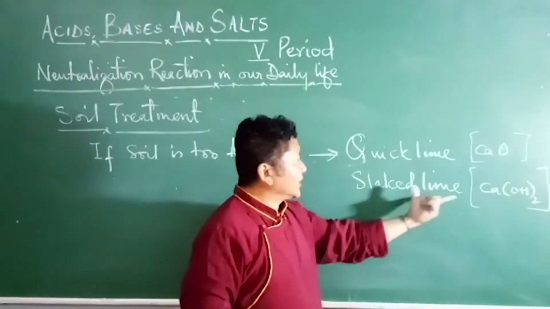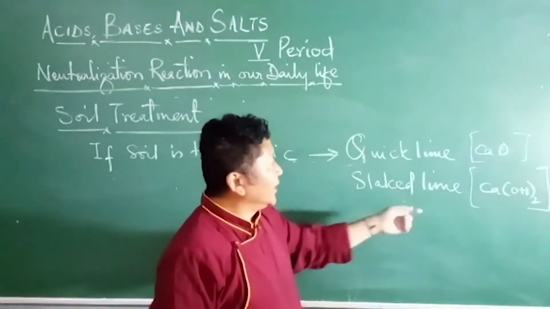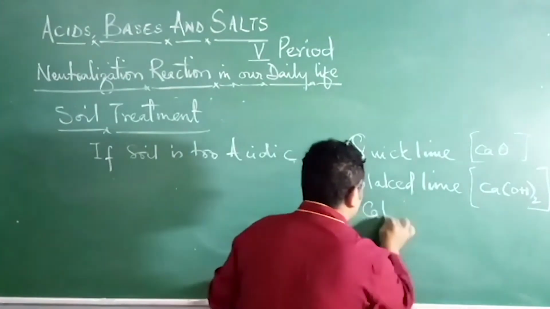Calcium oxide is quick lime, calcium hydroxide is slaked lime, and also calamine.